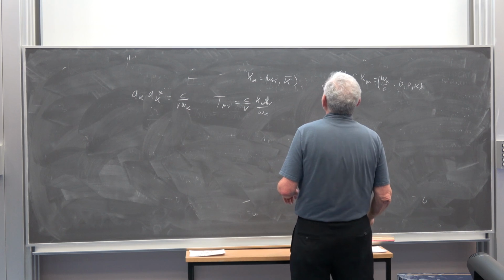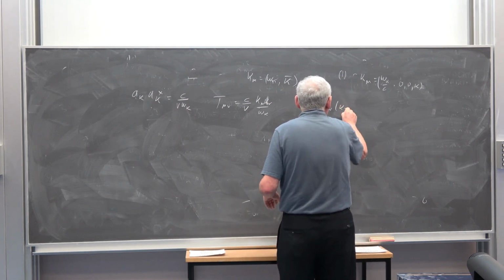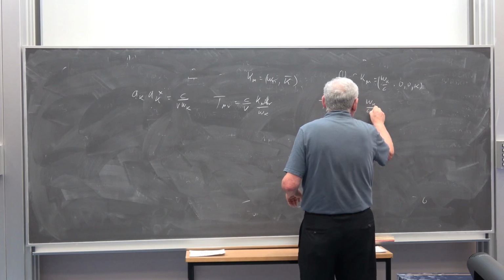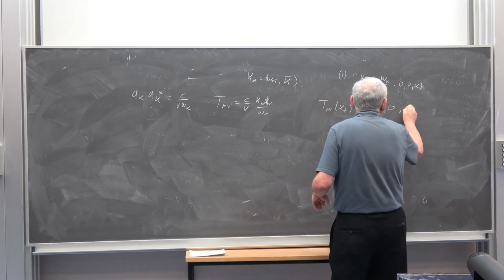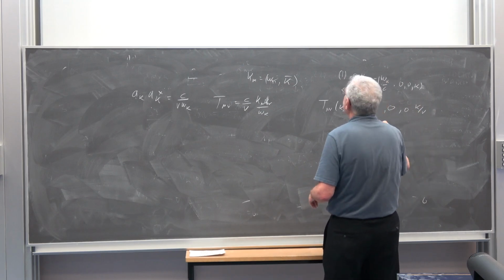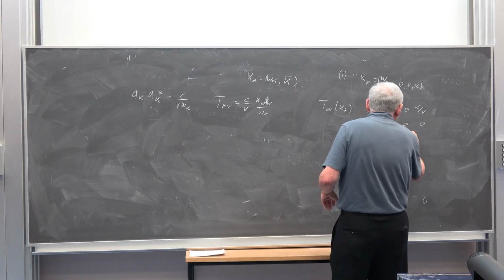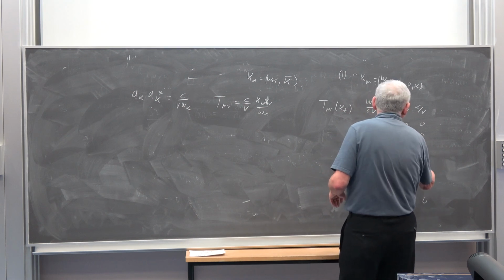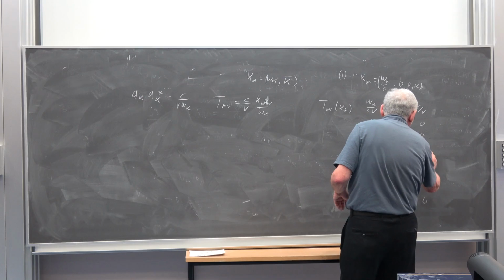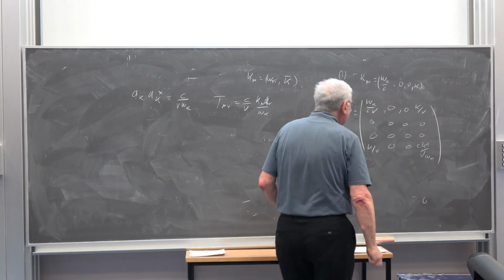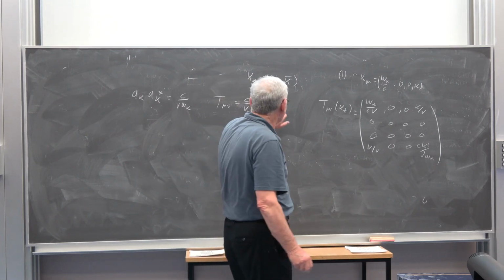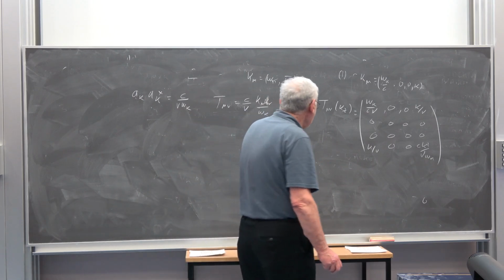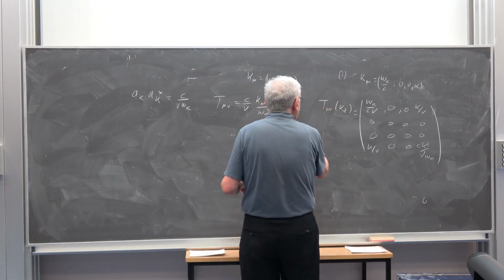And we evaluate it, and we get T^{μν} of k_z for this particular expression is omega_k over c times the volume, 0, 0, k over V, 0, 0, 0, 0, 0, 0, 0, 0, and then k over V, 0, 0, c k squared over V. We just evaluate it, because the k is in the z direction, so the only terms that appear are 0 and 3, and 3 and 0. Nothing else appears.